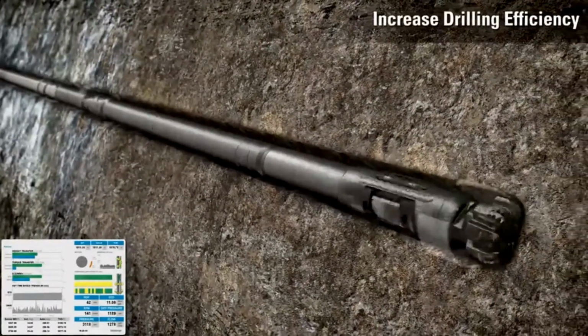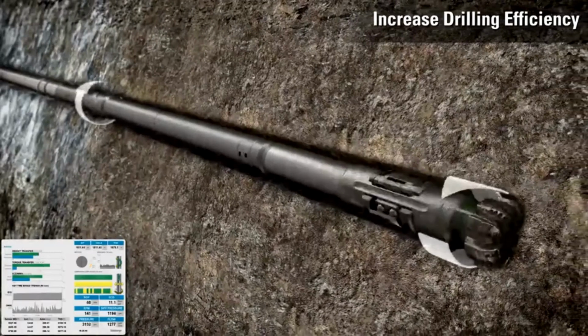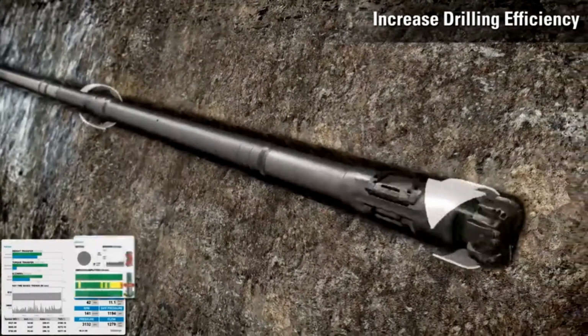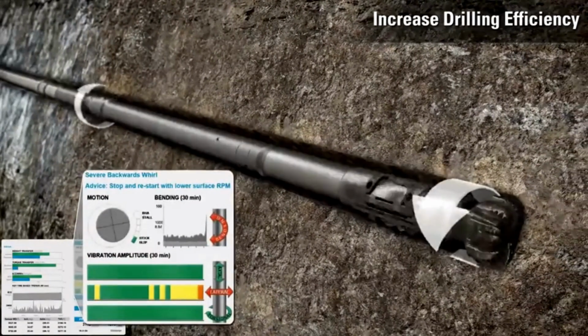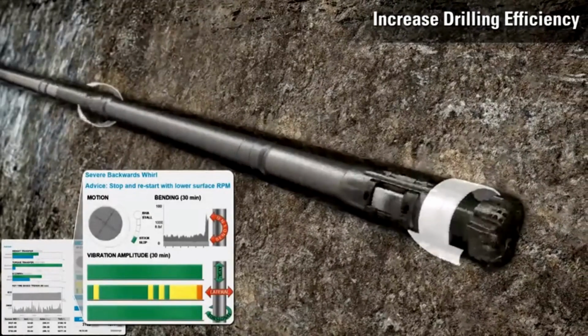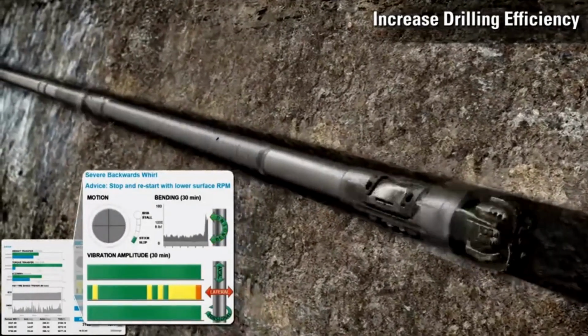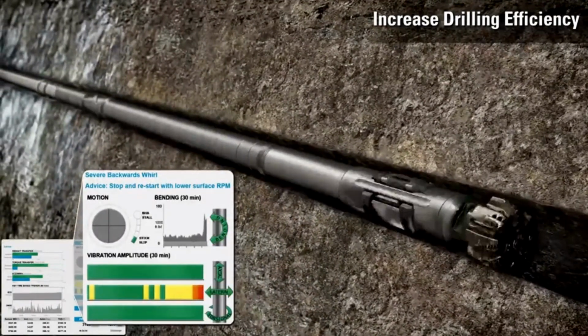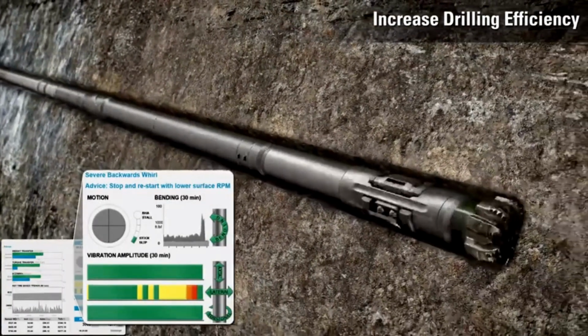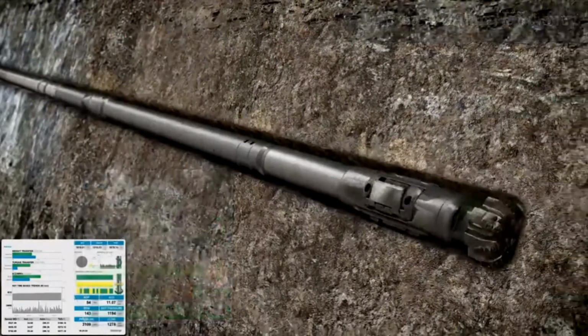When the bottom hole assembly crosses a formation boundary, whirl, bit bounce, or stick slip motions can occur. In this case, backwards whirl is occurring and is immediately detected by the service. A real-time summary of the motion appears on the rig site display, alongside a recommendation to stop and then restart at a lower surface RPM to mitigate the risk.